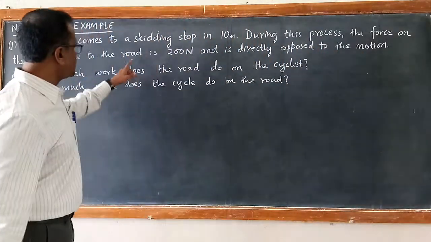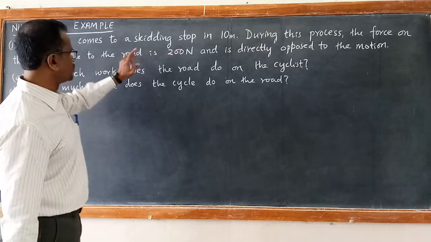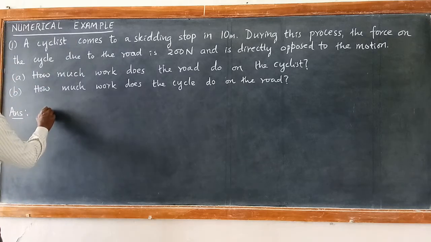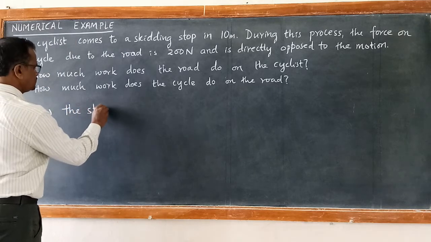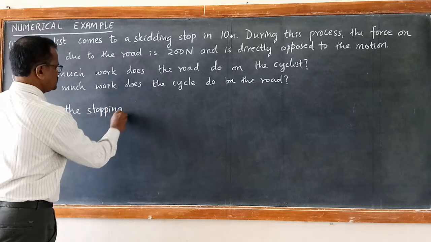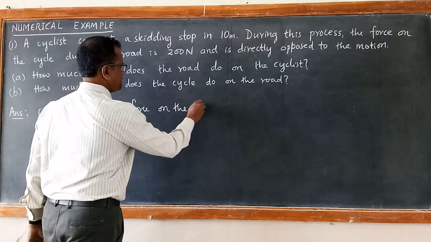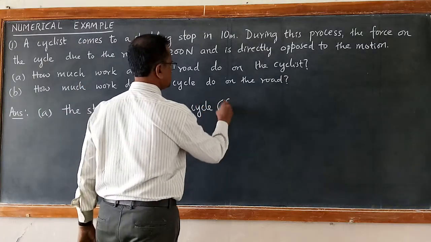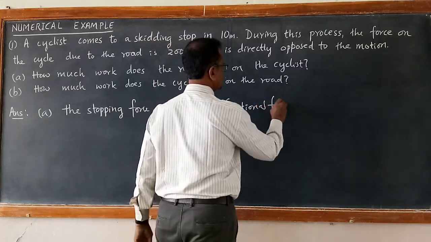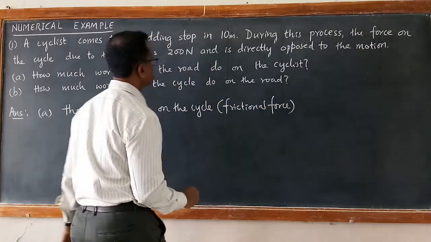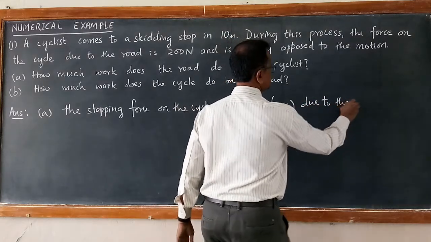Now, as I said, the force on the cycle due to the road, the stopping force on the cycle, is frictional force due to the road surface.